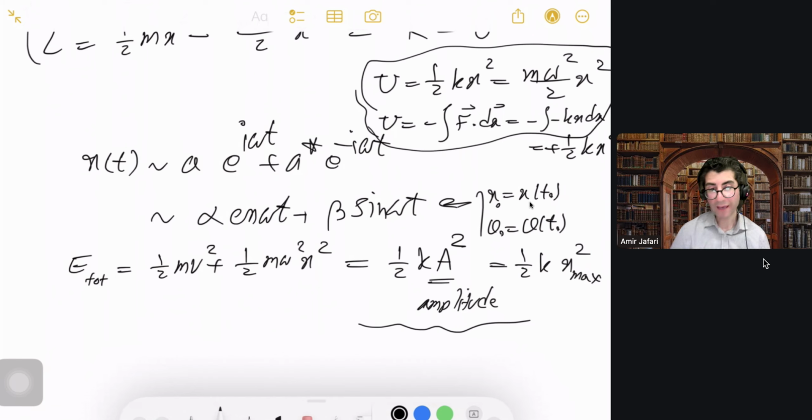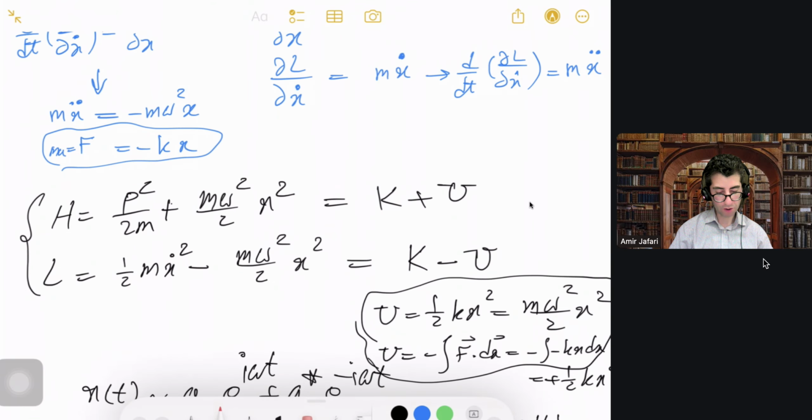In quantum mechanics, when we treat the simple harmonic oscillator quantum mechanically, we're going to see that the energy of the system cannot be zero. Here, classically, if there is no motion in the simple harmonic oscillator, the mass is just at rest, the energy of the system is zero. Look at this equation here.